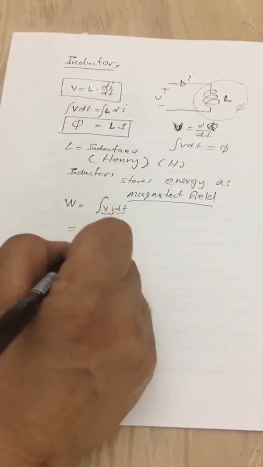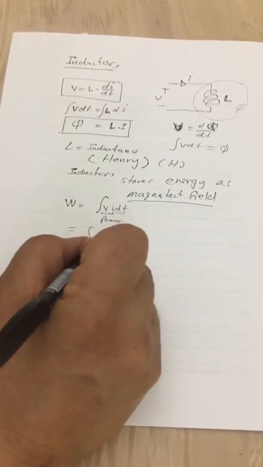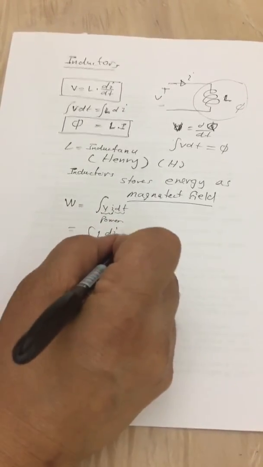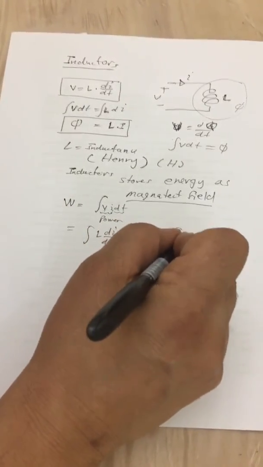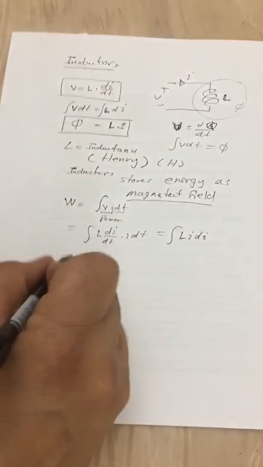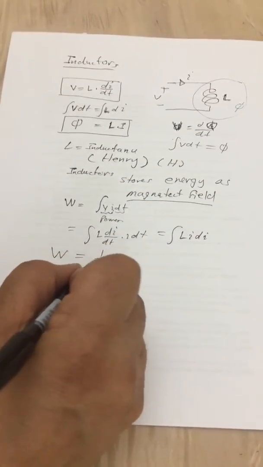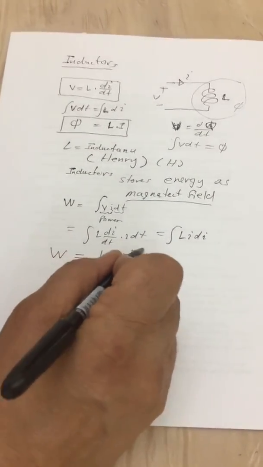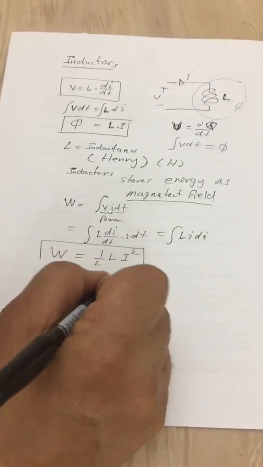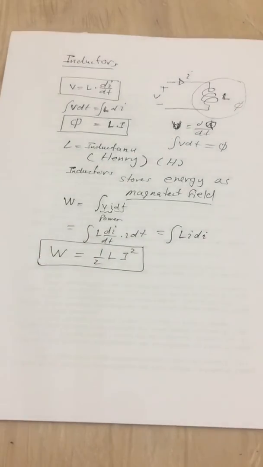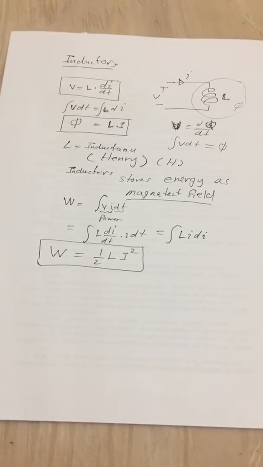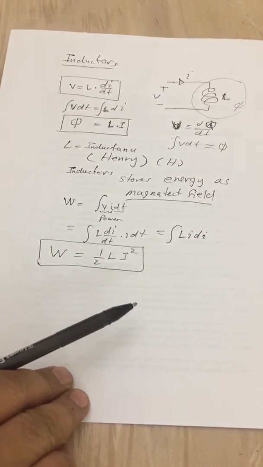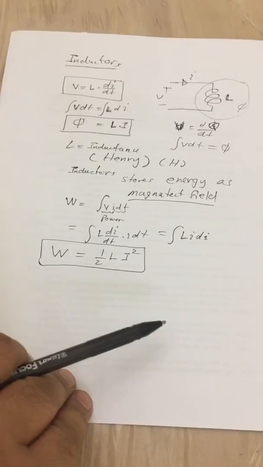Now, V is L di per dt, times I dt, so this will be the integration of Li di. So this will be half Li squared. So the total energy stored in an inductor is equal to half times L times the current passing through it squared.